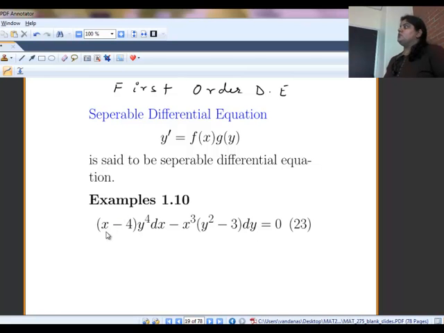So this is complicated, and I would say a non-linear problem, a non-linear differential equation. Why is it non-linear? Can anybody tell me why this differential equation is non-linear? Is it non-linear or not?